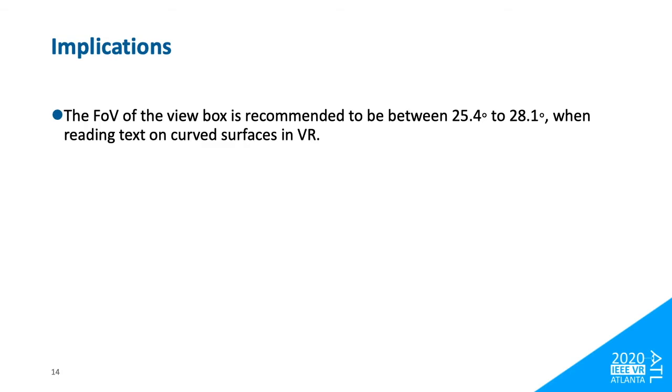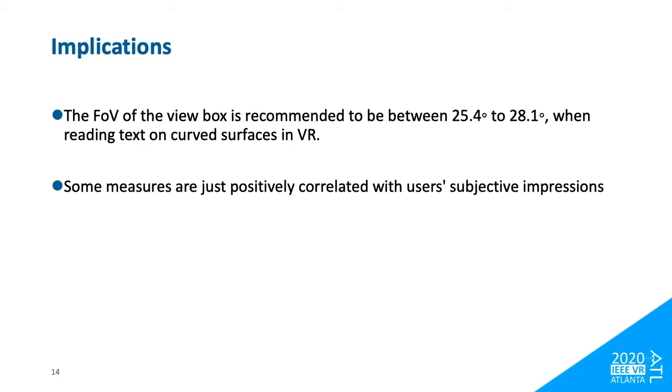According to the participant preference, the horizontal field of view of the view box is recommended to be between 25.4 degrees and 28.1 degrees when reading text on a curved surface in virtual reality.